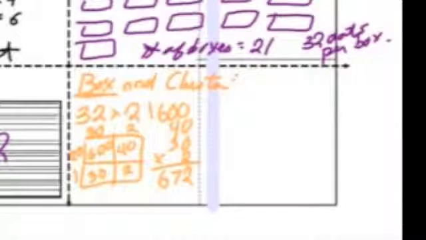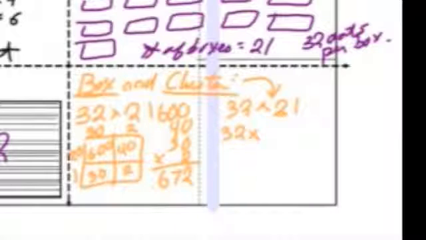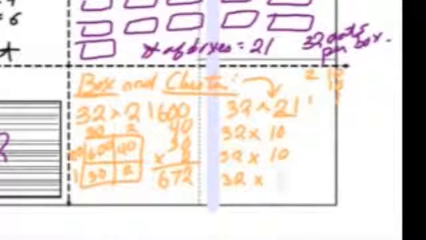The cluster method is a little different, and it says 32 times 21. And the way you write this is by multiplying the 32 by the pieces of the 21. So a 21 is made up of 2 tens and 1 one. So 32 times 10, and then another 32 times 10, and then 32 times 1.